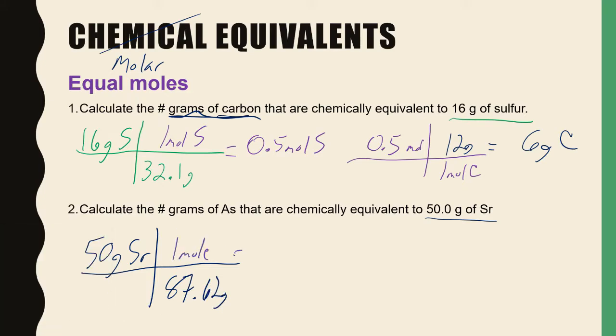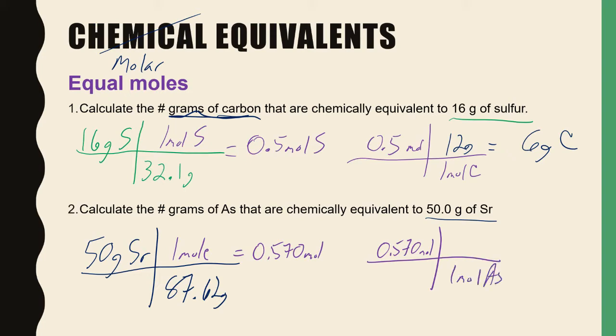So then you figure out how many moles of strontium that is. 50 divided by 87.62 is 0.570. And then you convert those moles back to grams of arsenic in this case.